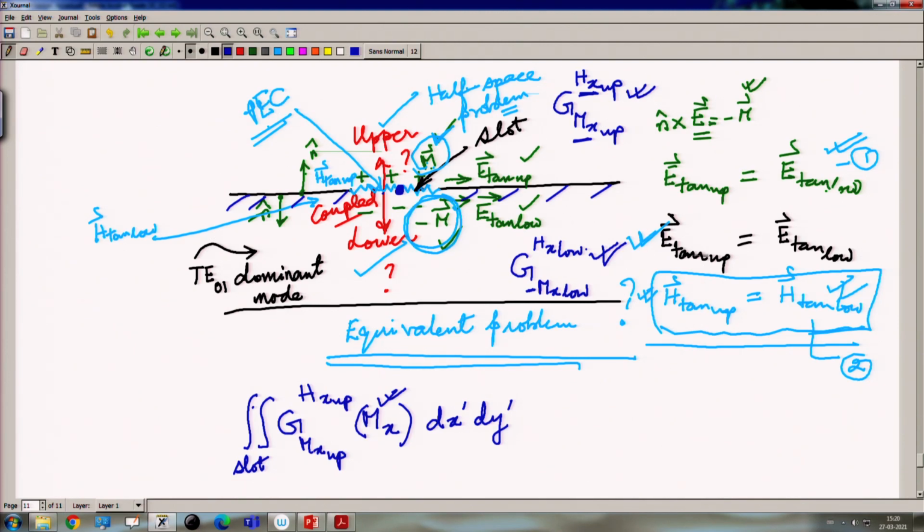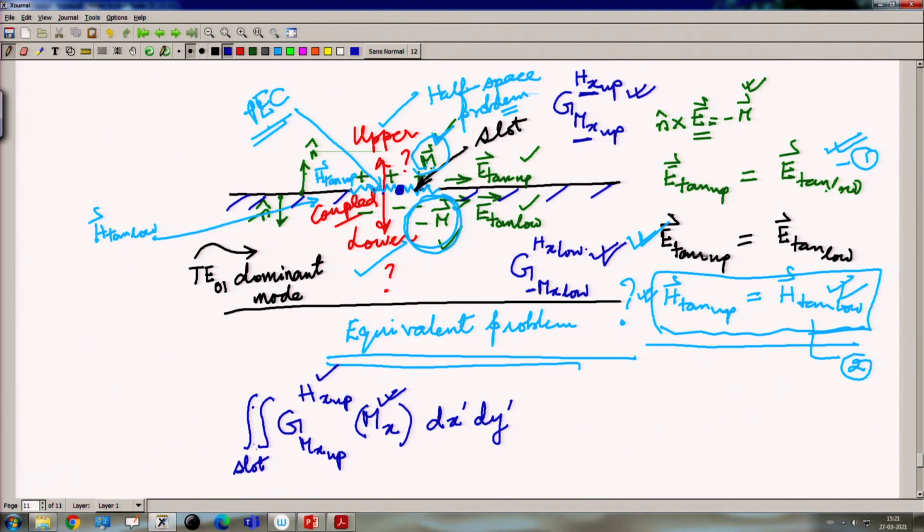So, this is the Green's function corresponding to the magnetic current Mx resident on the upper part of the conductor, which is now shutting up the slot and radiating a field Hx in the upper part.